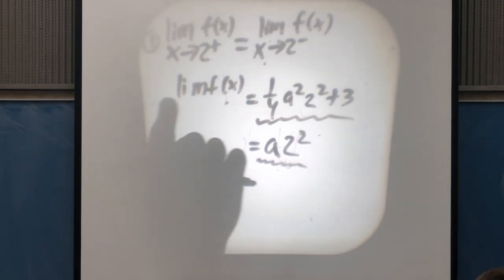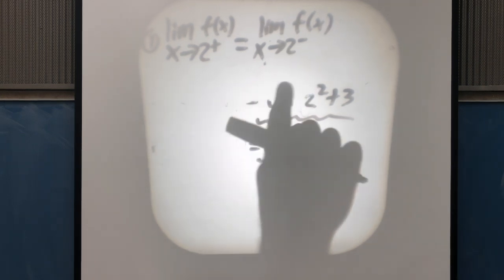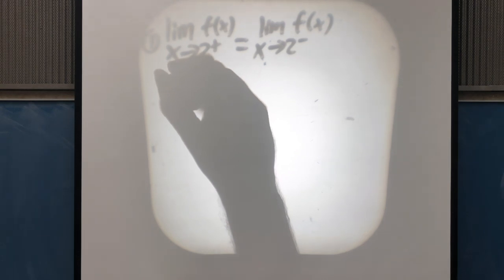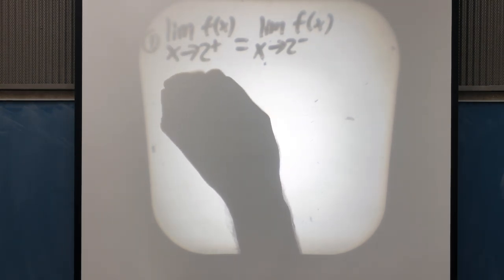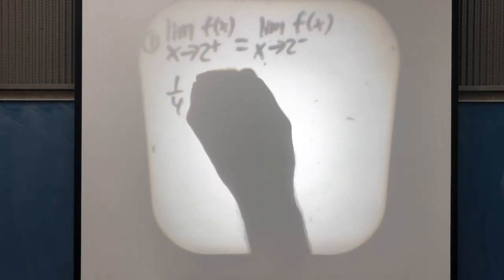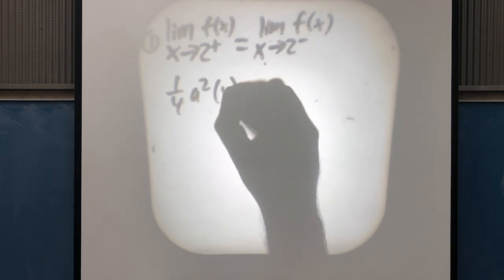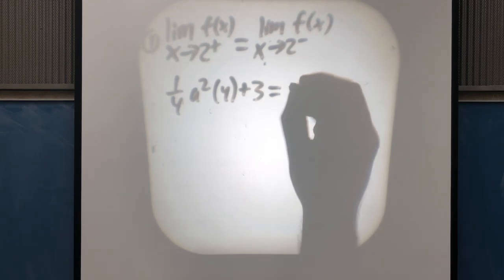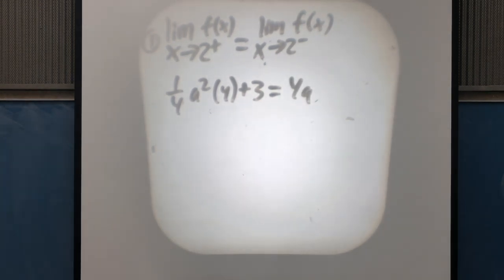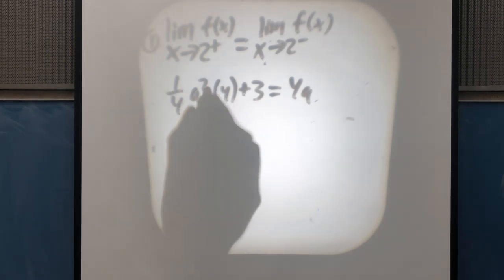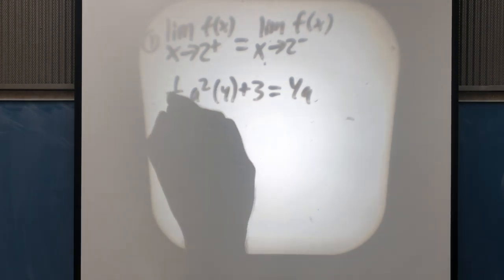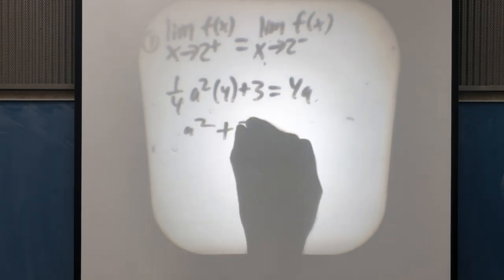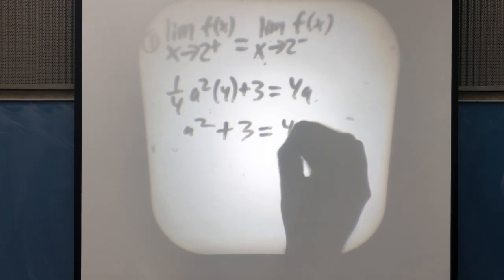So one fourth a squared times 4 plus 3 equals the left hand limit. Then order of operations says to multiply 1/4 by 4. So I get 1a squared, which is just a squared, plus 3 equals 4a.